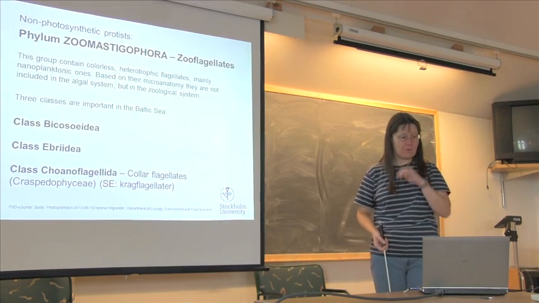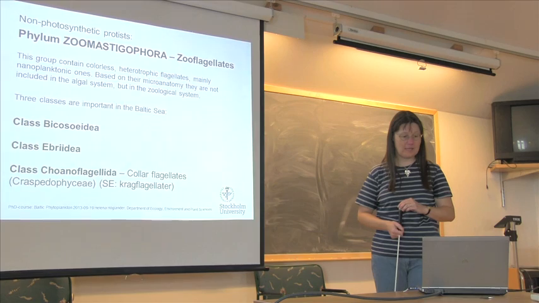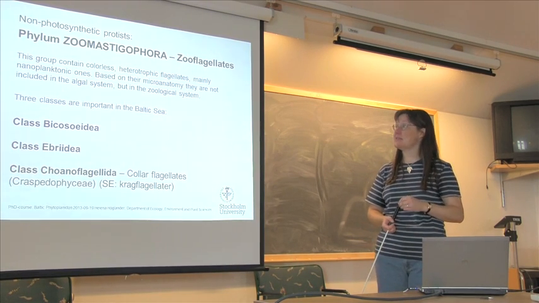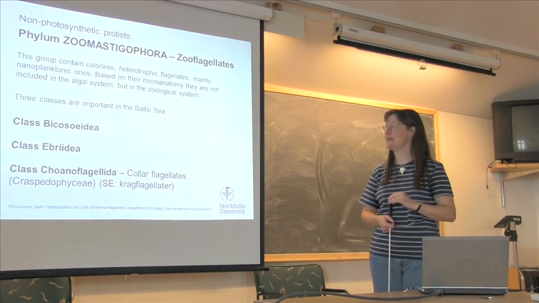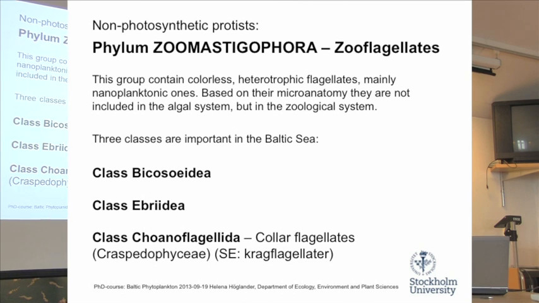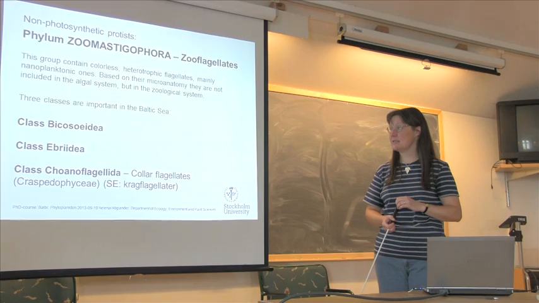And then we go to the more heterotrophic part that can be occurring together with the phytoplankton. And this is a group with colorless and different types of flagellates. It can be single-celled or in colonies.